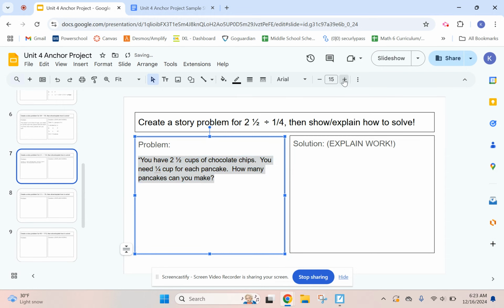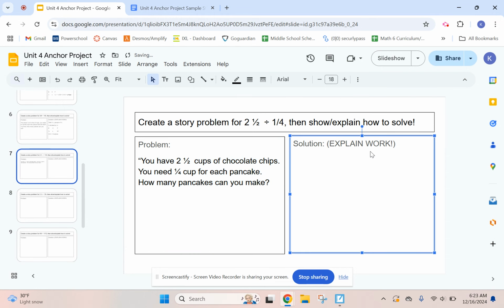So we are splitting 2.5 into groups of 1/4. So our total is 2.5. Our groups are 1/4. Because we're splitting up the chocolate chips into each pancake equally.